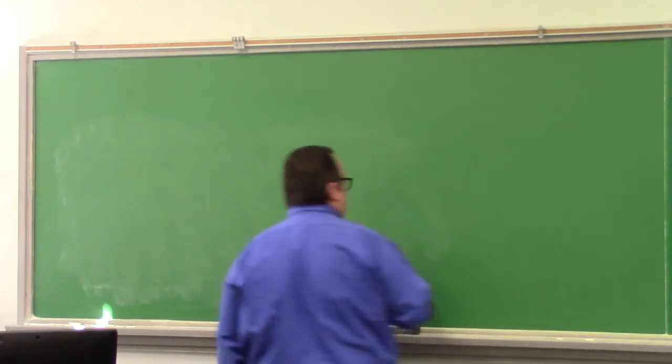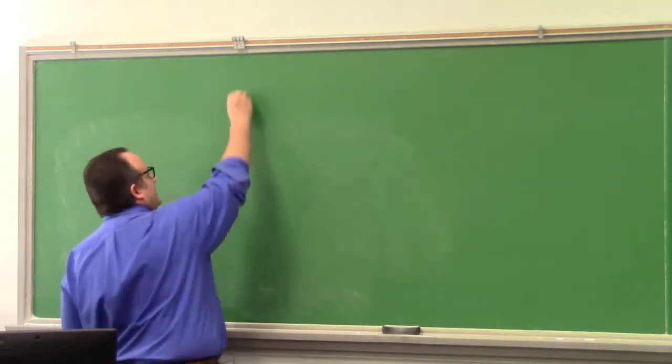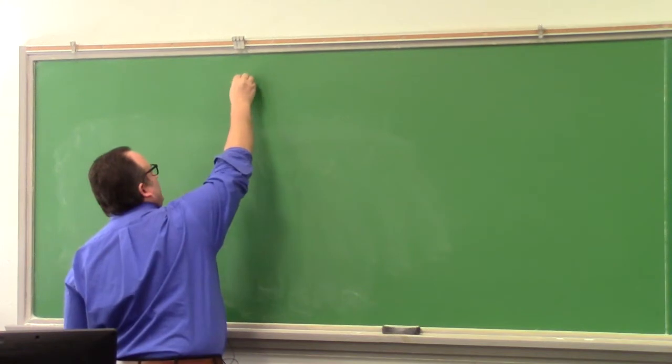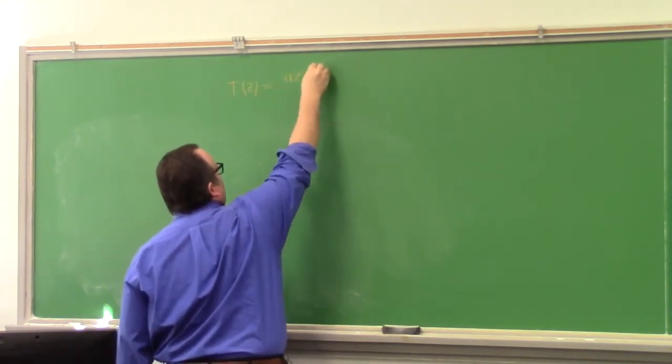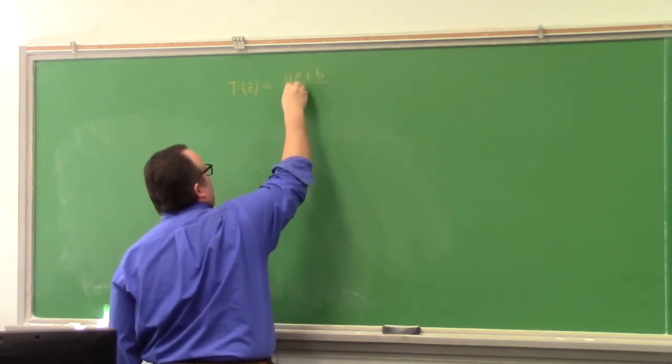Well, so Jade, remind me, number 2, you're given T of z was az plus b over cz plus d, is that right?